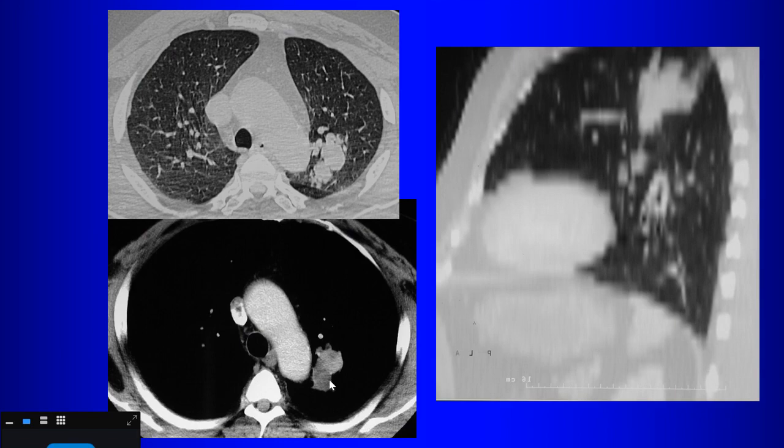Well, what is this attenuation? It's fluid attenuation, which is what you would expect with mucoid impaction.